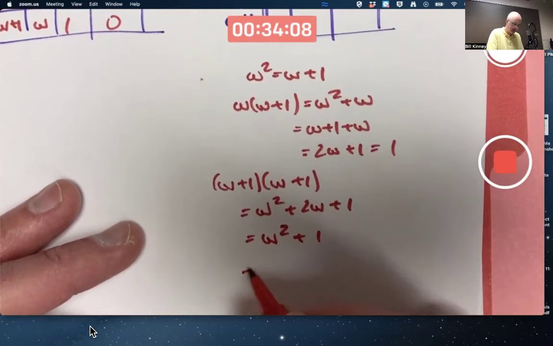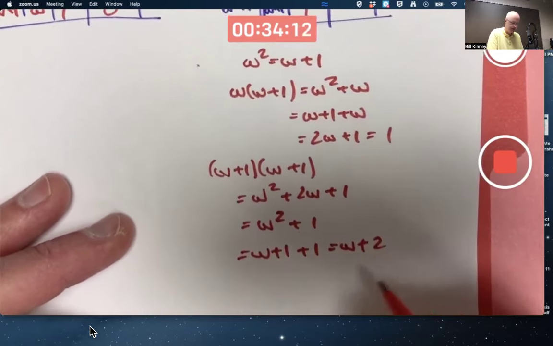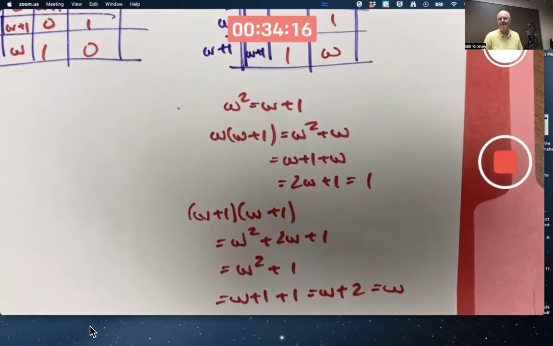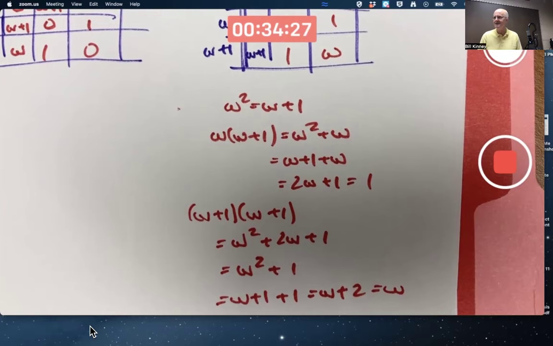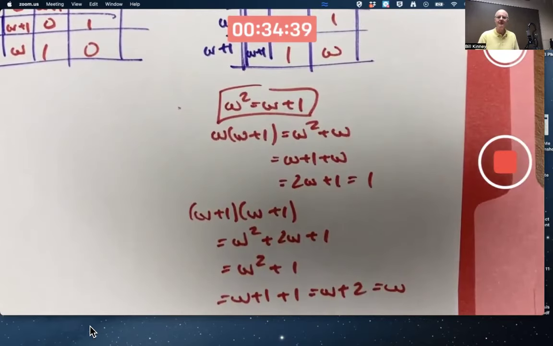Replace omega squared with omega plus 1. Mod coefficients by 2. Get omega, just like I said. I went by kind of fast. You got to check these calculations on your own, maybe after class. Double check it. You can do it. Okay. The key equation is this one right here that I'm using to simplify, plus modding coefficients by 2.